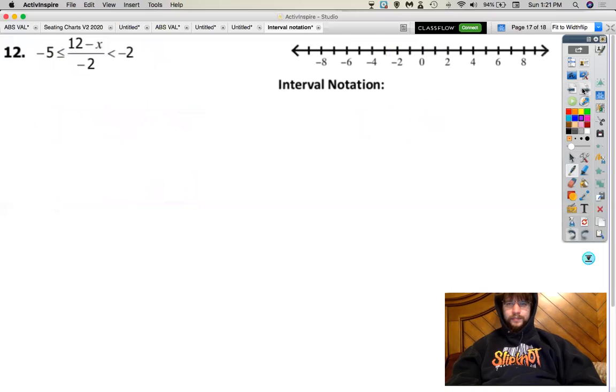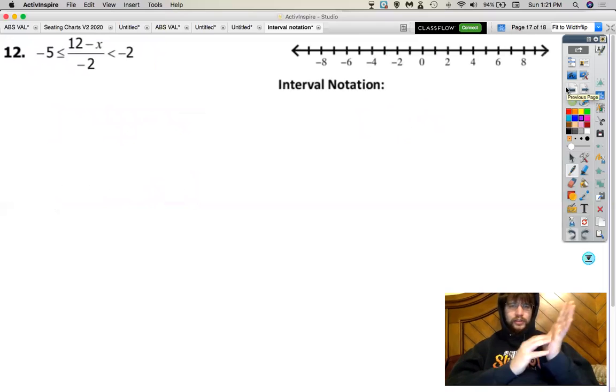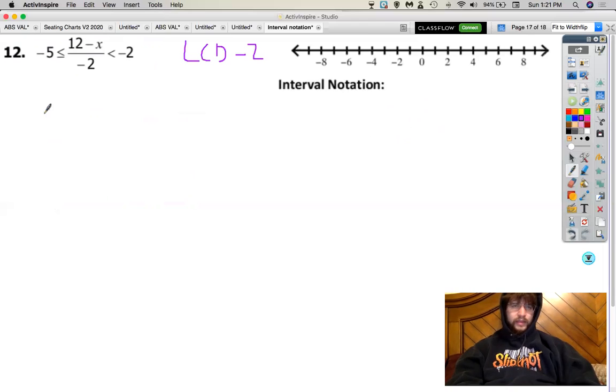Last one, I think. Yeah, last one, and then I'm going to talk about all real numbers and no solution looking ones. I've got a fraction, so LCD, big whoop. I'm multiplying through by a negative 2. So negative 2 times this thing, less than or equal to, nope.